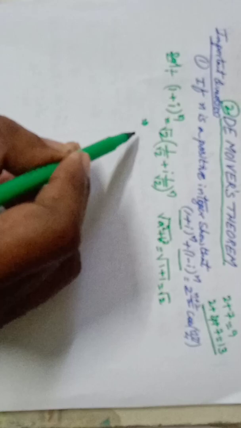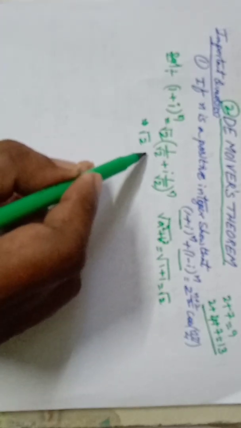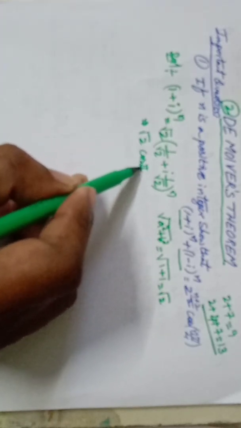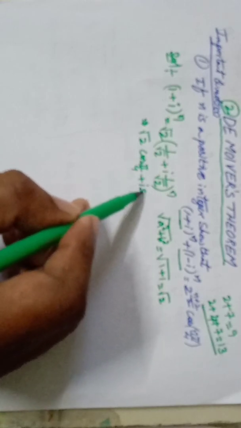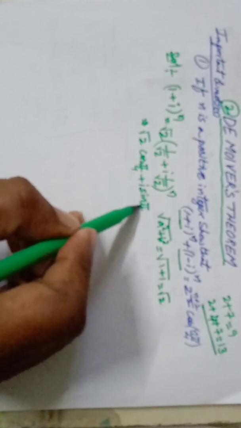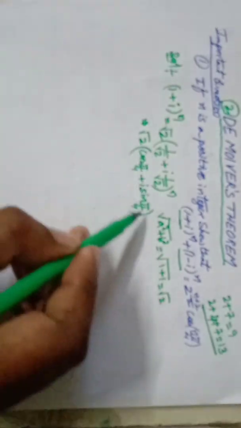What will we get? Root 2 (cos pi by 4 plus i sin pi by 4) whole to the power of n.